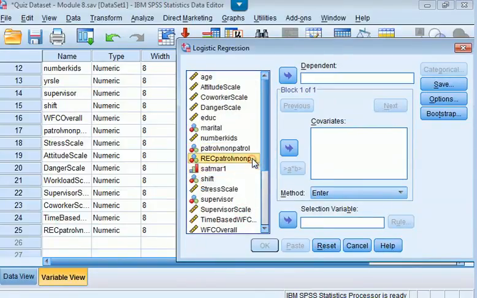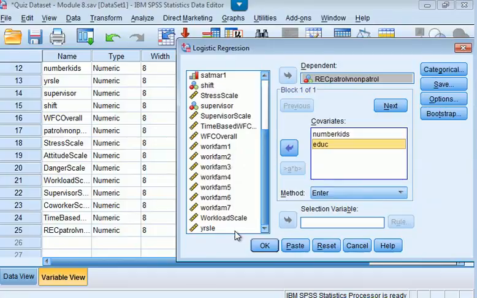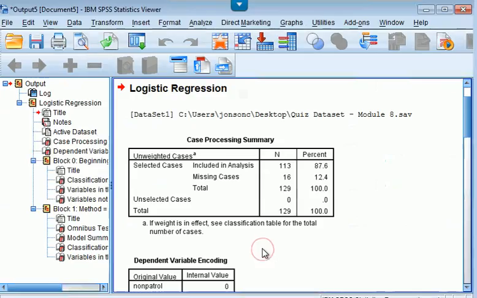Again, you're going to use your recoded patrol as your dependent variable. And then you're going to have number of kids, education, and years law enforcement as your independent variables.